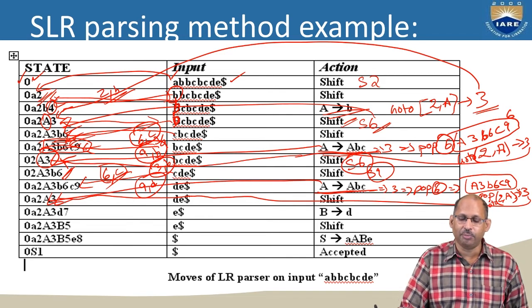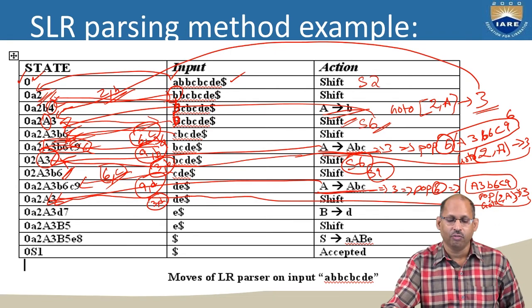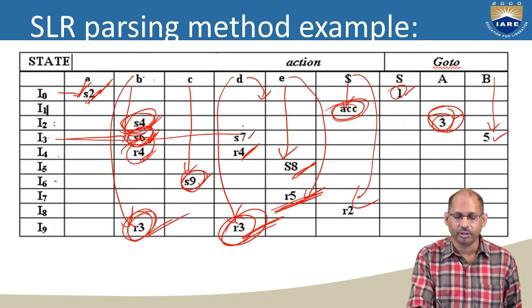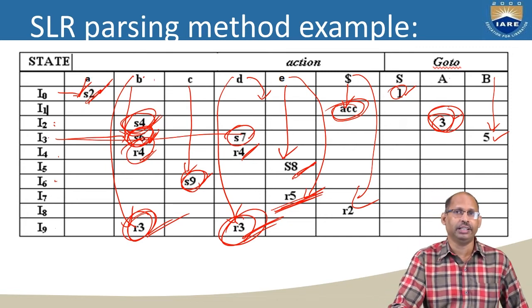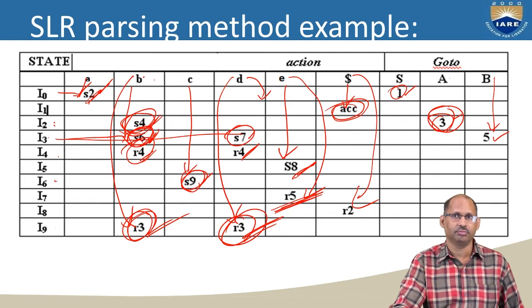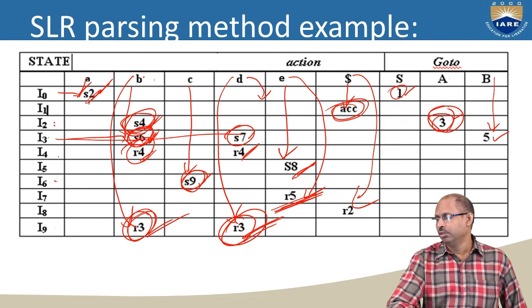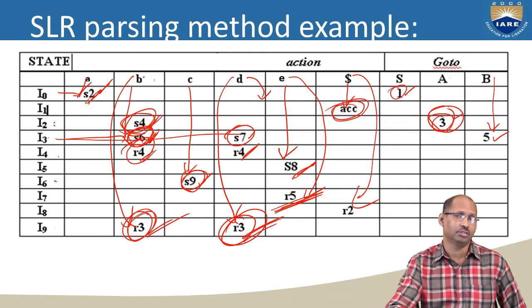Write this A here. Right? 3 comma D we have. We have to consider 3 comma D. What is 3 comma D? 3 comma D is S7.